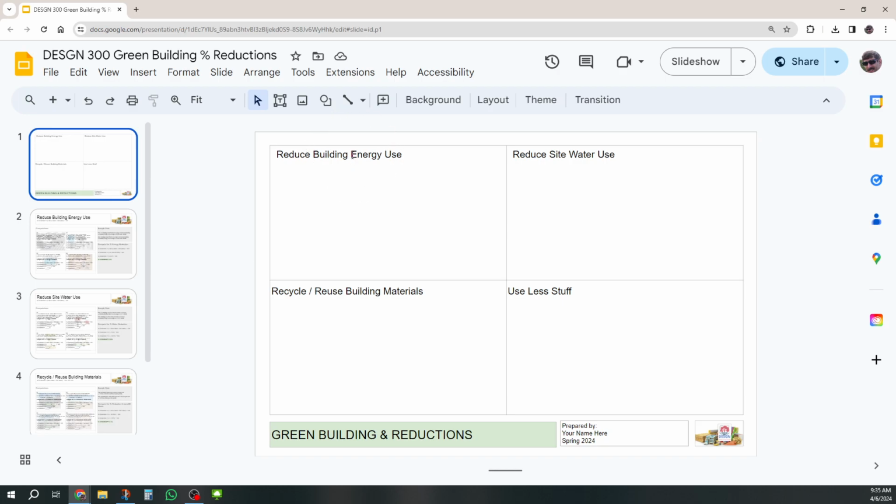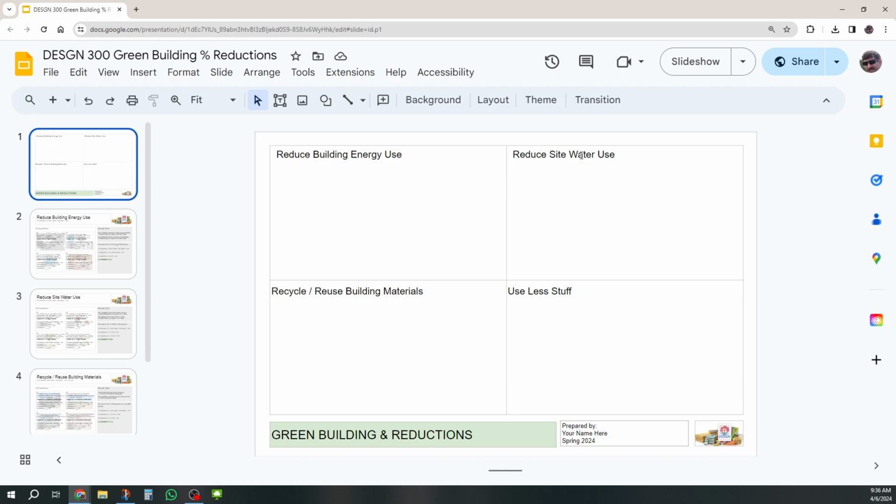Reducing building energy use. Before solar panels, I used 100 kilowatt hours. After, I used 90. What is my percent reduction? That would be a 10% reduction. Okay, reduce site water use. Before I put in low flow shower heads, I used 100 gallons per day.